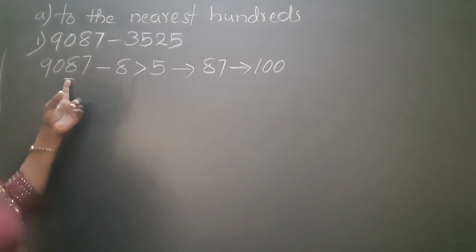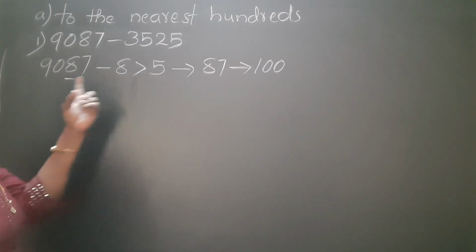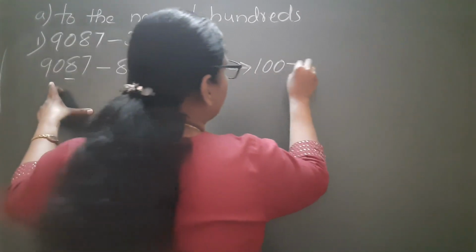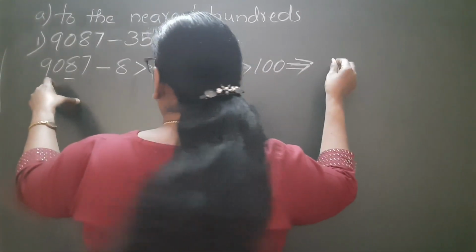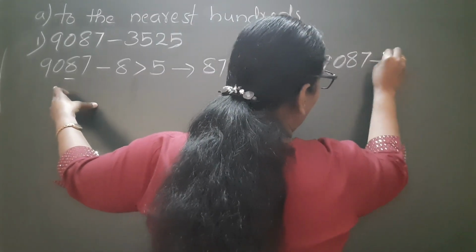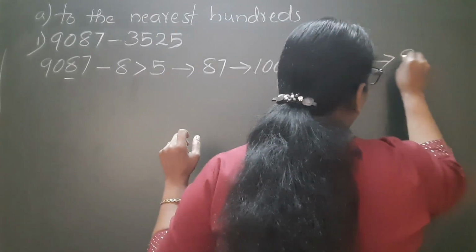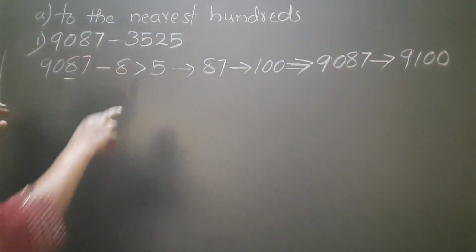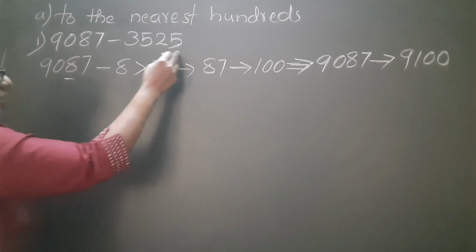8 is in the tens place, and 8 is greater than 5. So 87 rounds off to 100. So 9087 rounds off to 9100. The next number is 3525.